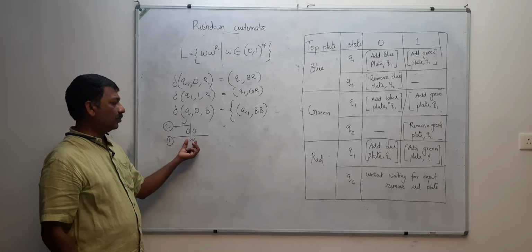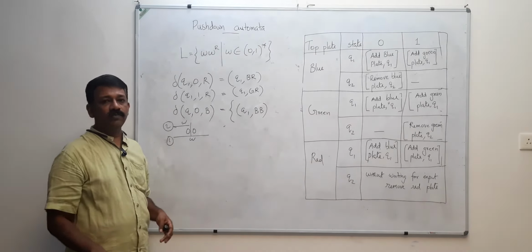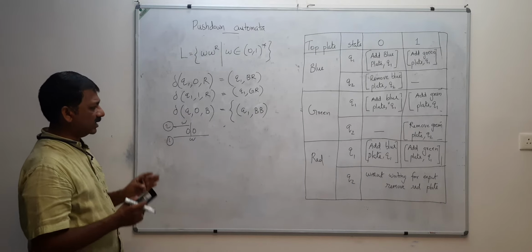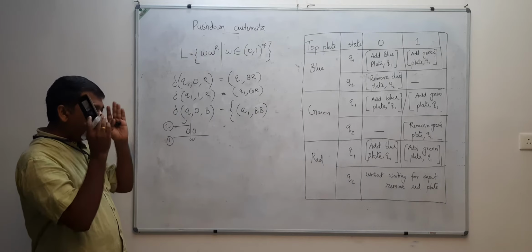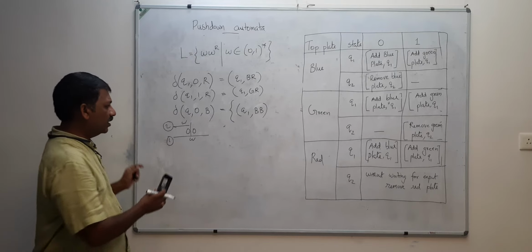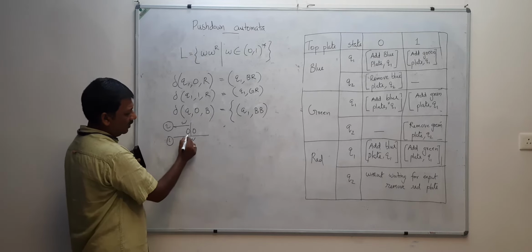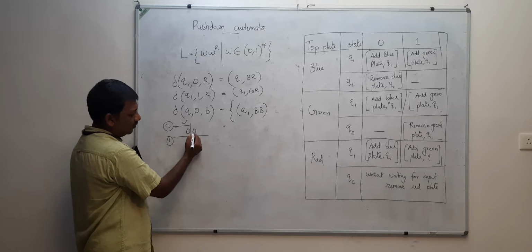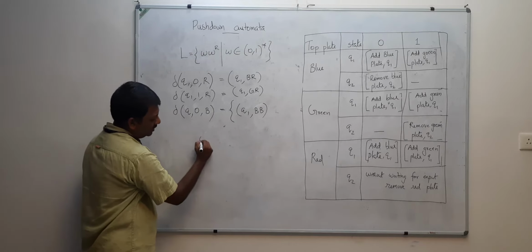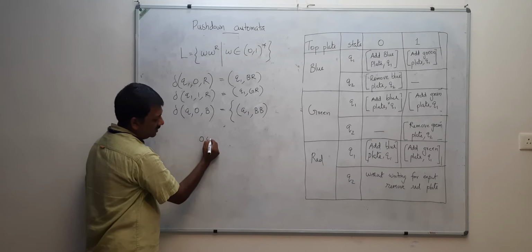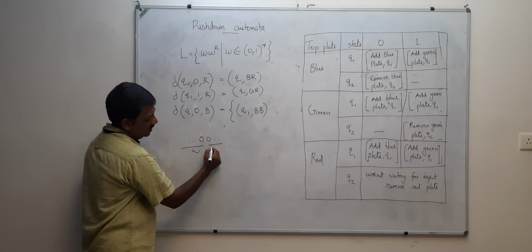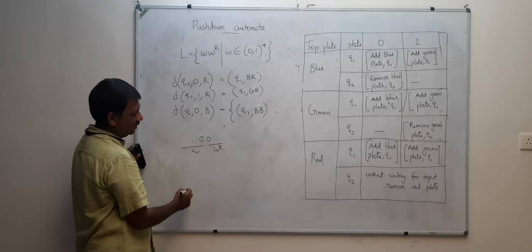Expecting that it is not the end of W, it is pushing that blue, and a replica of your stack is again created, and in that you are expecting the end of W. If this is the end of W, what will happen? Suppose this is the end of W and this is the starting of W raised to R, what will happen?